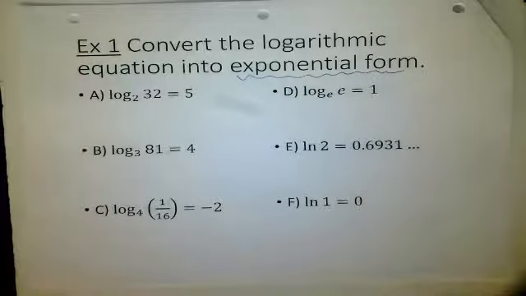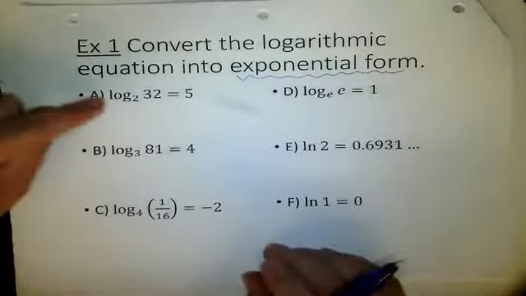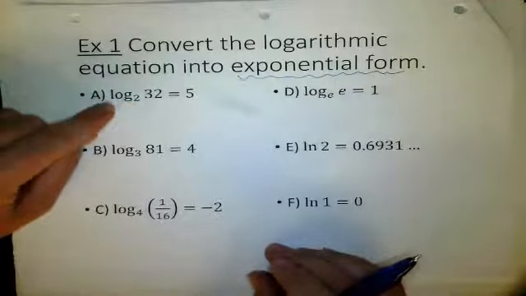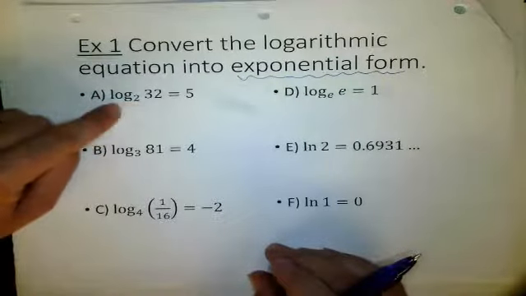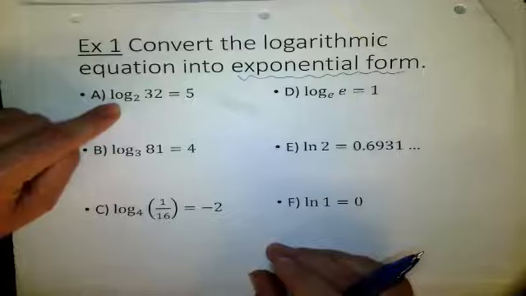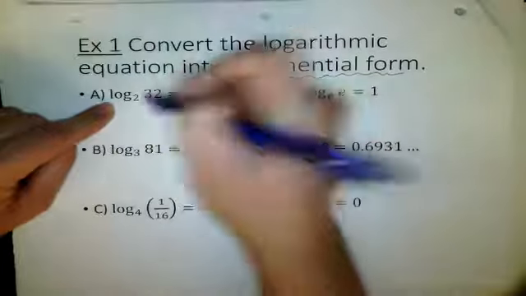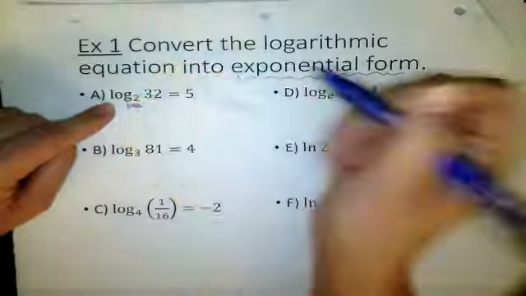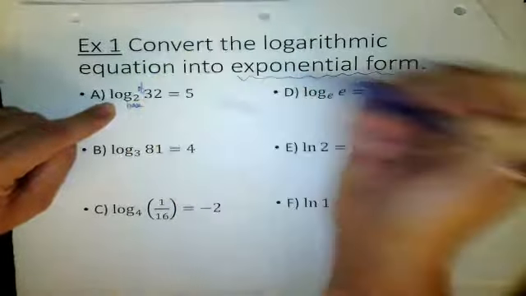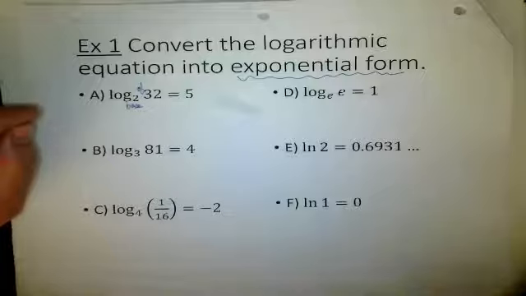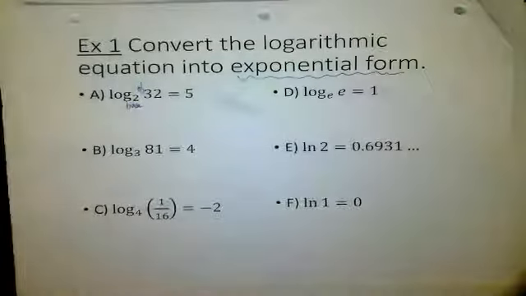Every log has its own little base, and in this case this is base 2. It's important that you understand how to say it. We would say log base 2 of 32 equals 5.